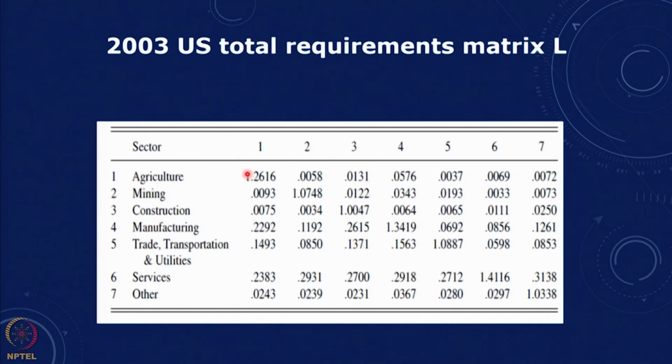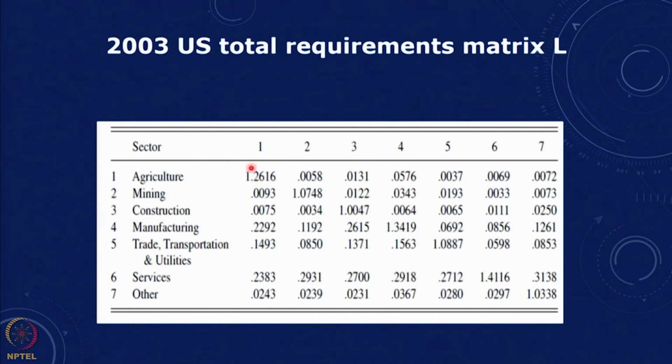Now, if you see the diagonal elements, agriculture is 1.26, which means that an increase in the final demand of agriculture by 1 unit results in a net overall increase in the requirement of agricultural products by 1.26, because an increase of agriculture requires all other inputs from the other sectors, which again in turn requires amounts from agriculture.